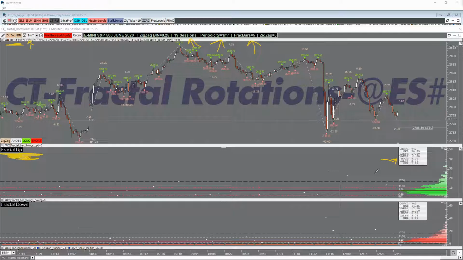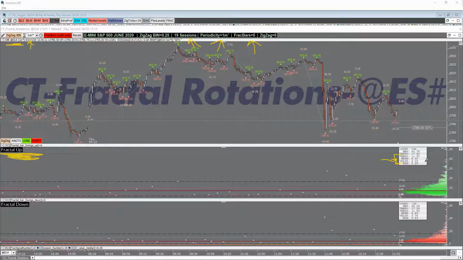This used to be 2.5 for the S&P for years, okay? What is normal? That's the value area at 68%. That's the first sigma that represents 68% from the mode, right and left. It's telling us that what is normal is anywhere between 3 and 11.5 for rotation up.